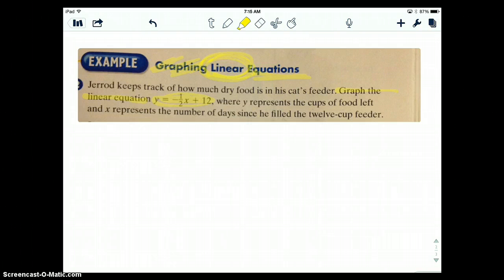So what is it about? Jared keeps track of how much dry food is in his cat's feeder. Y represents the cups of food left, and X represents the number of days since he filled the 12-cup feeder. Okay, so I'd say for you, step one is going to be making a table.